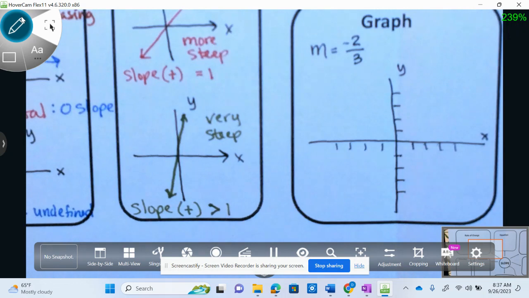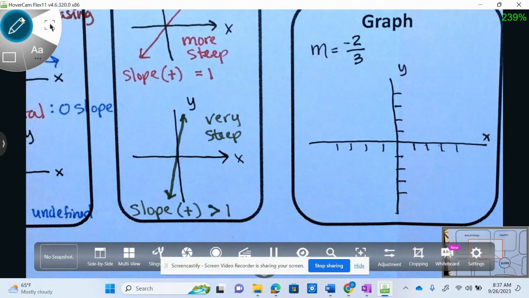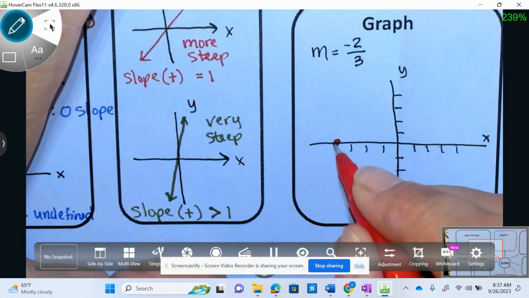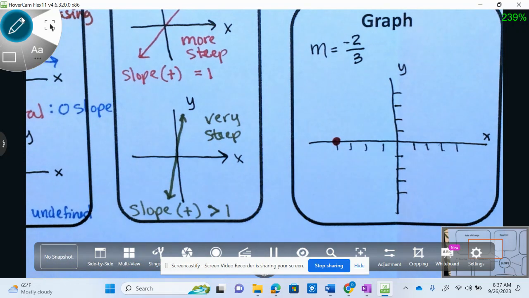It doesn't say where I have to begin. So I'm going to start over here at -4 on my X axis. Just going to plot a point right there. This is just an example.